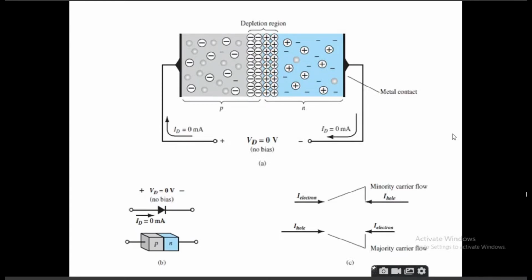It's a junction barrier, but why is it called depletion region? Sir, maybe it depletes the voltage? No. Or current? No.